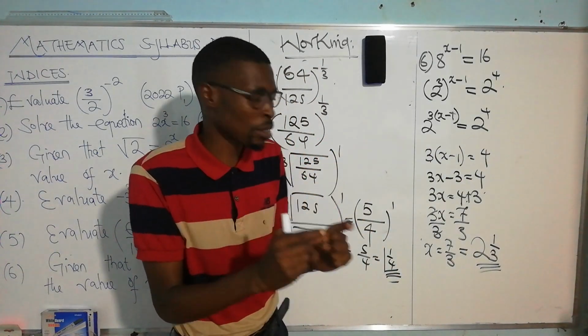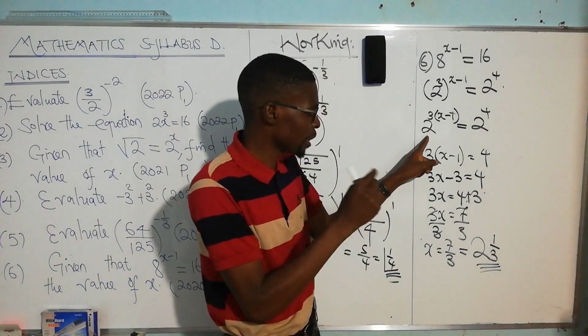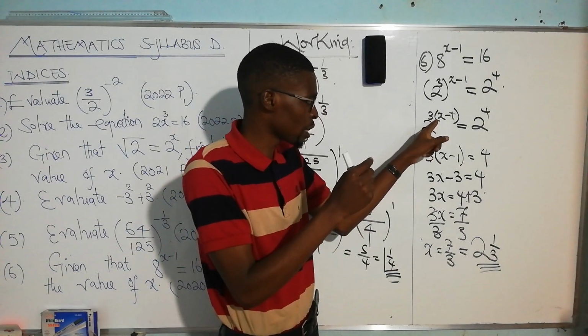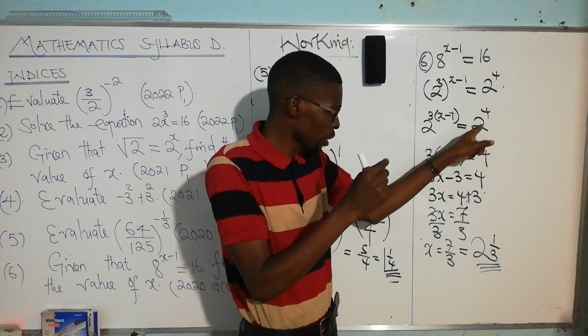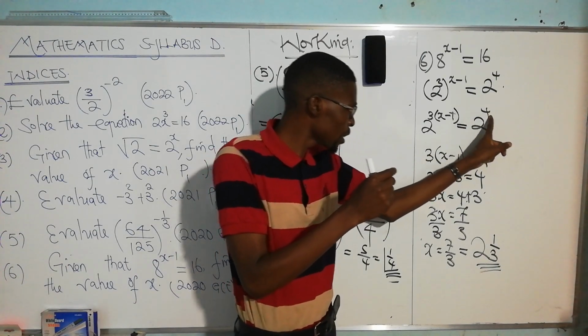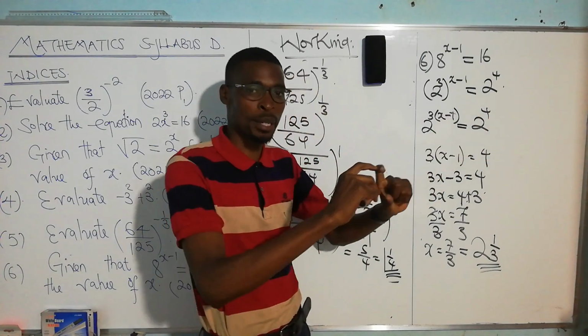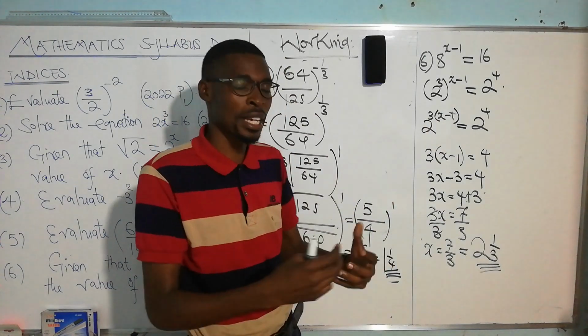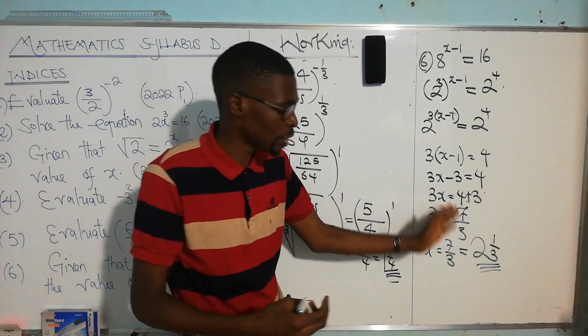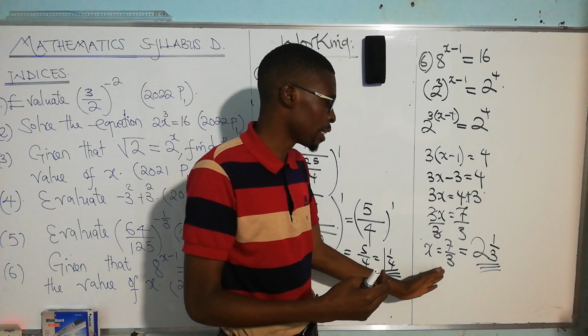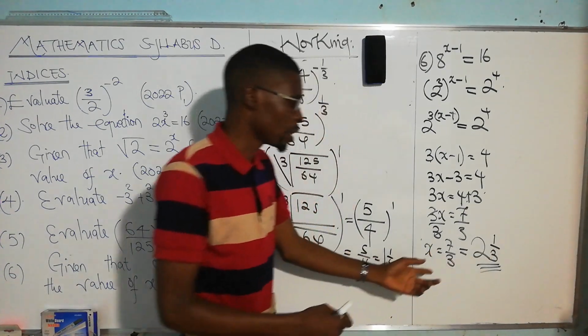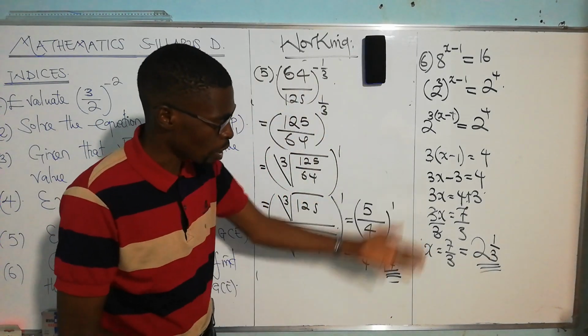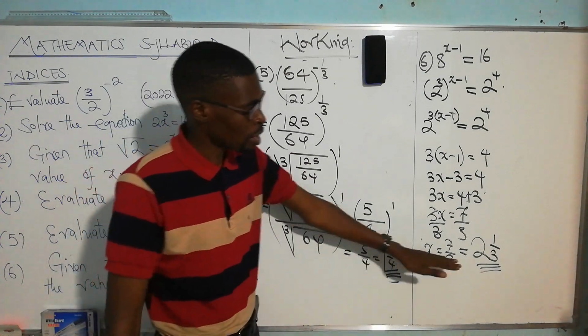So that's the concept that we're using here. If the same 2 raised to this exponent is equal to the same 2 raised to that exponent, it means that this exponent is equal to that exponent. So you equate them and solve for the unknown variable. In this case, it was x, and it gave us 2 and 1 over 3 as a mixed fraction.